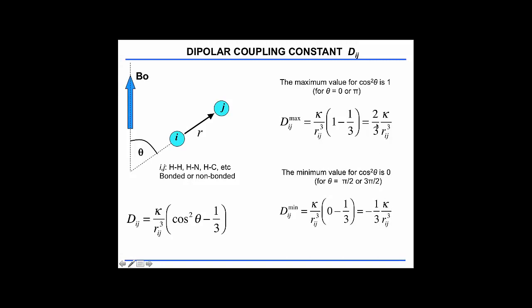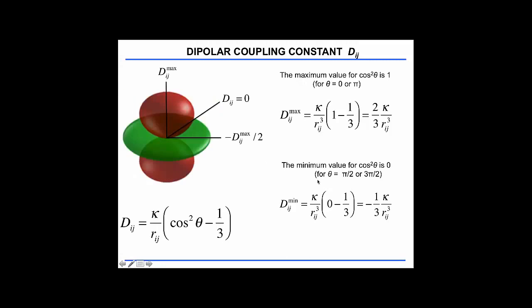So then you can see now that this value is half of the value. So when the internuclear vector is perpendicular to the magnetic field, it is half of the value of when it is parallel, and it changes the sign. So keep in mind this 2/3 of K over R to the third power, and the minus 1/3, because we will come back and I will show you something very interesting.